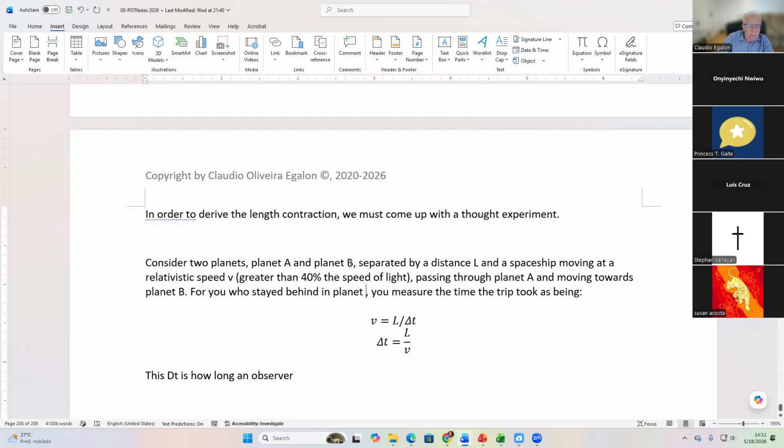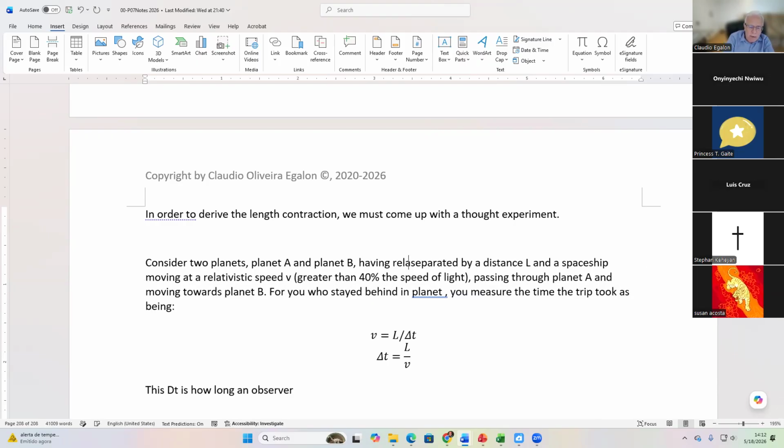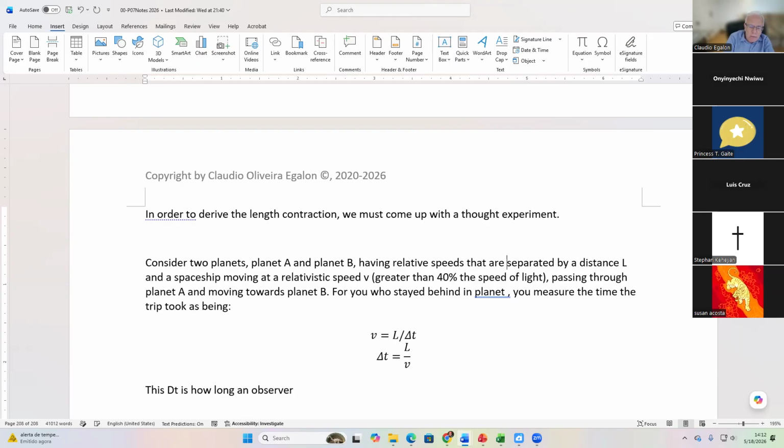Consider two planets having relative speeds that are negligible.